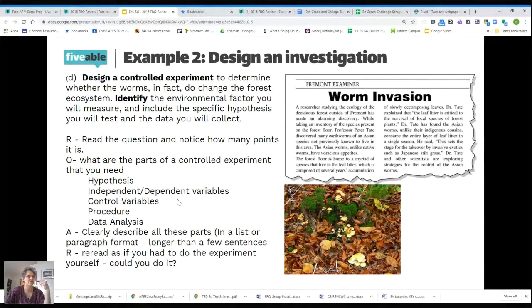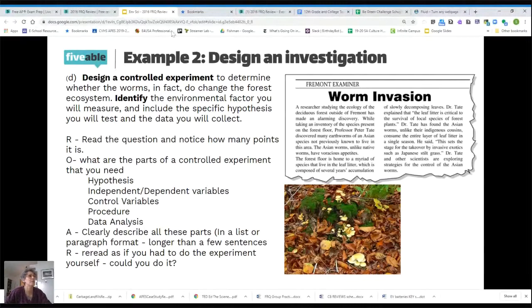You need to identify your independent and dependent variables, your control variables, your procedure, and how you will do your data analysis. Now you've got to be specific, as if you're telling somebody who doesn't have any idea what you have in mind.